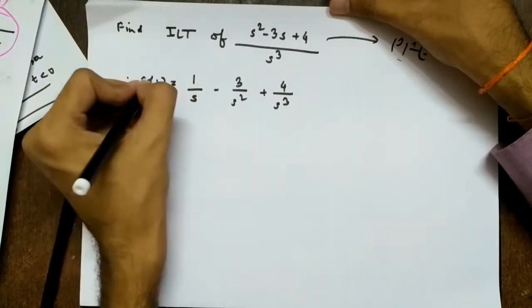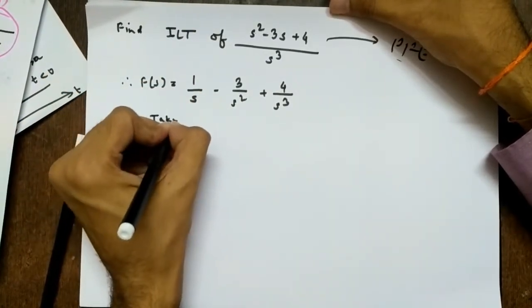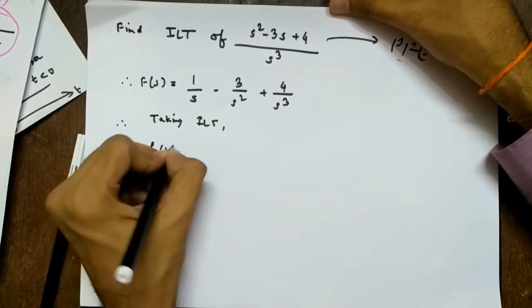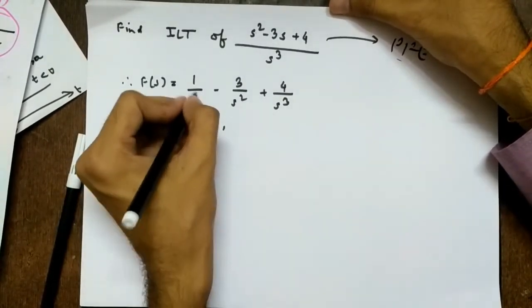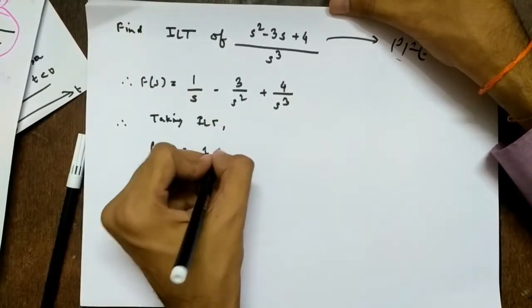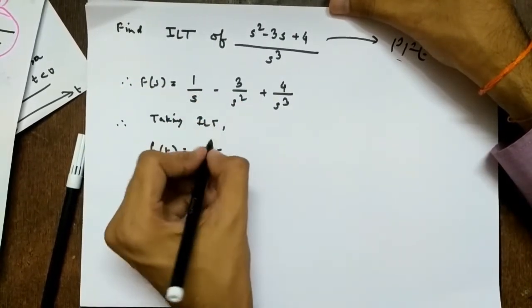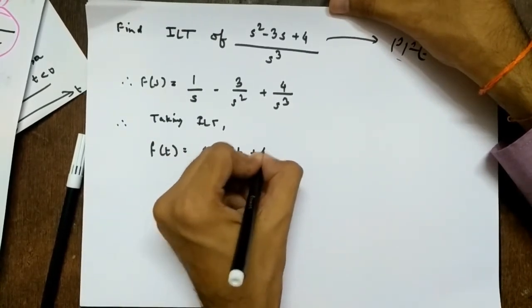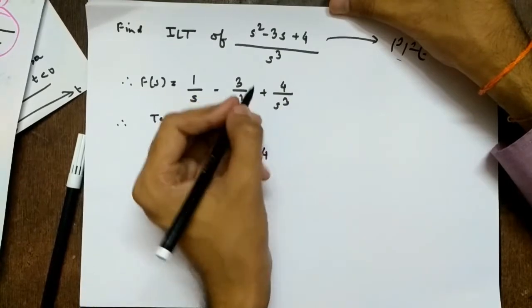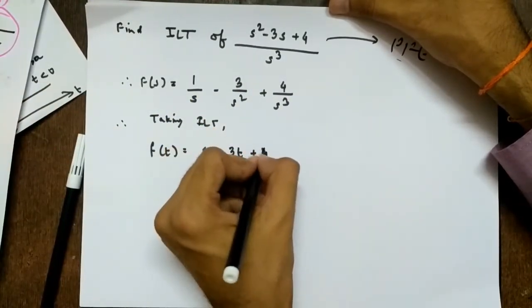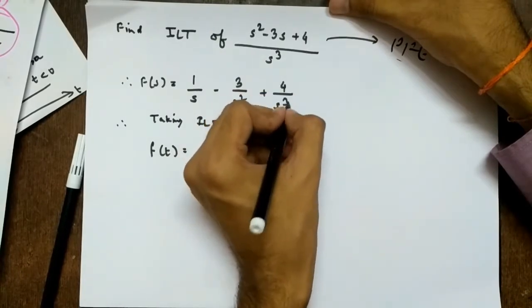Taking the inverse Laplace transform, this becomes f of t. The inverse Laplace of 1 by s is 1. The inverse Laplace transform of 1 by s square is t, so this becomes minus 3t. Then plus 4 times 1 by s cube: we saw that for t square it is 2 by s cube, so I can write this as 2 into 2 by s cube.